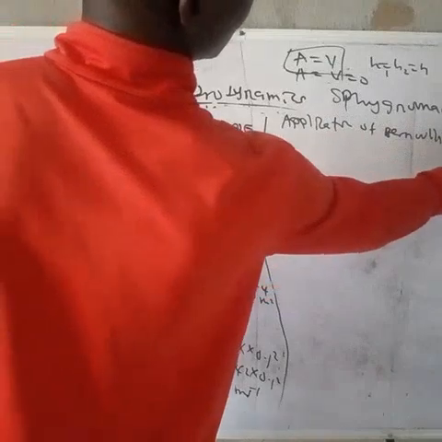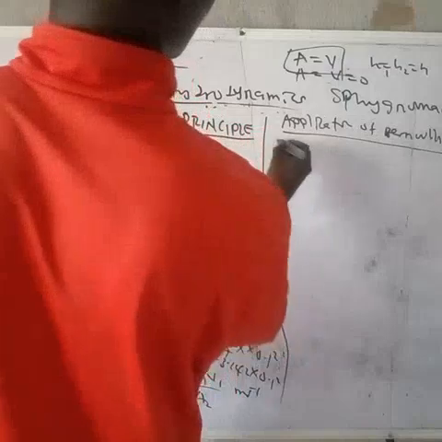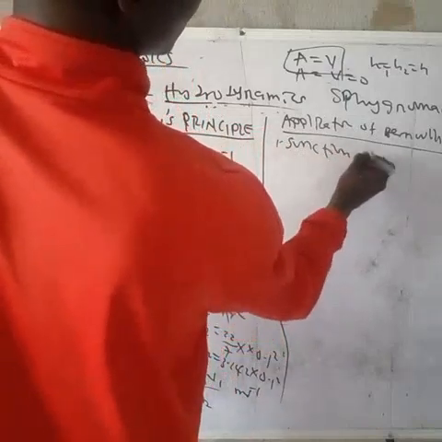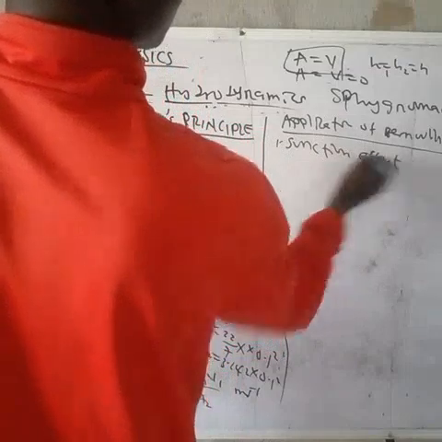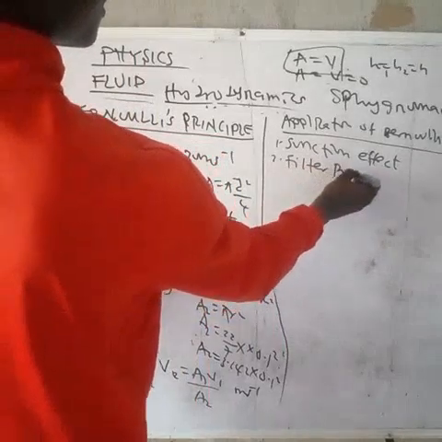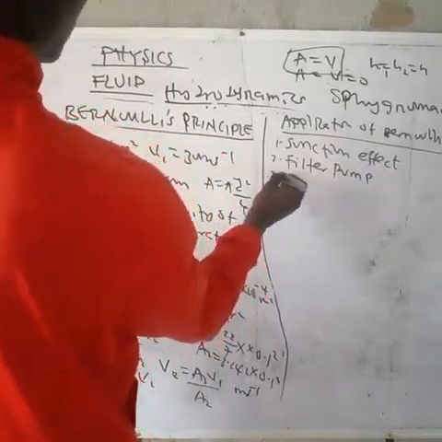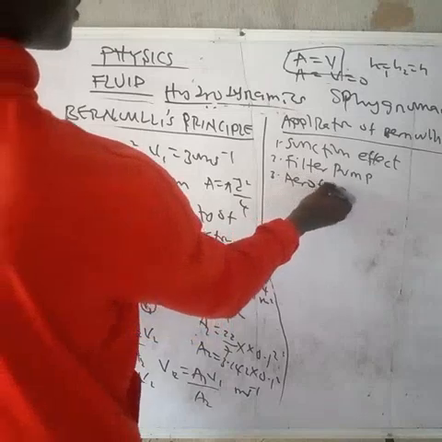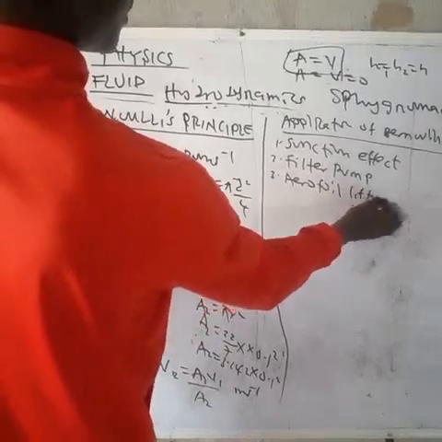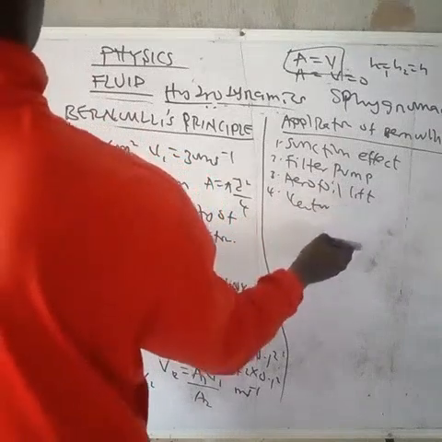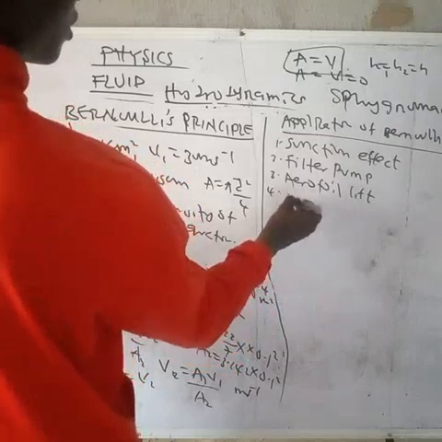Those are the applications of Bernoulli's equation. Number 1, we have suction effect. You can check all of this. We have filter pump, aerofoil lift, and number 4, venturimeter. It also allows us to do blood pressure measurement.